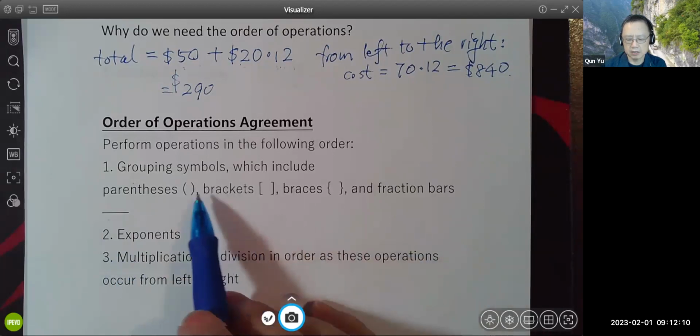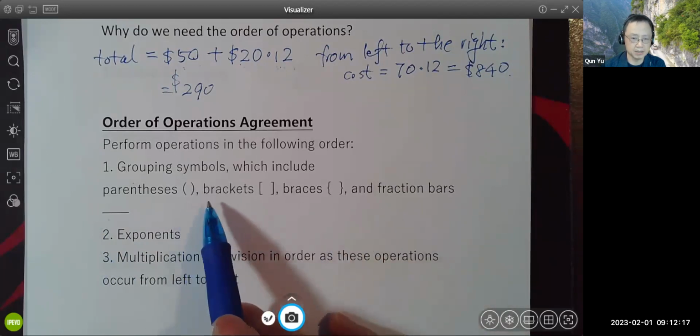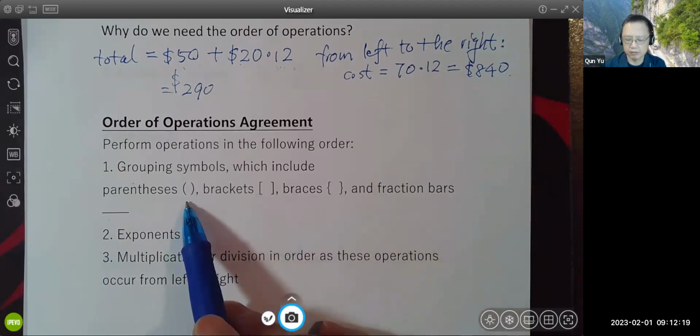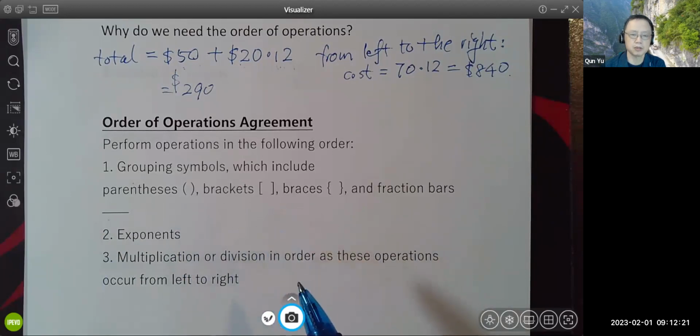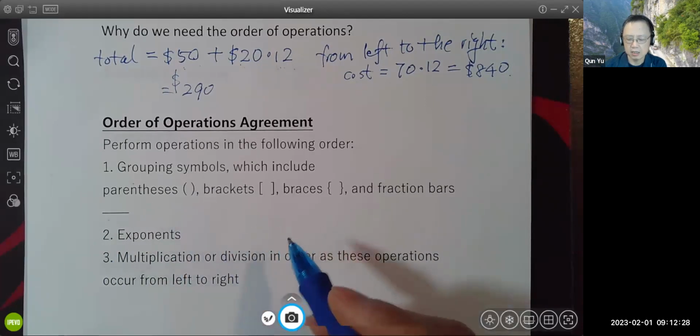And among these grouping symbols, parentheses, brackets, and braces, there are really no differences among them. The reason we have different shapes is just for humans to be able to read the expression easily.